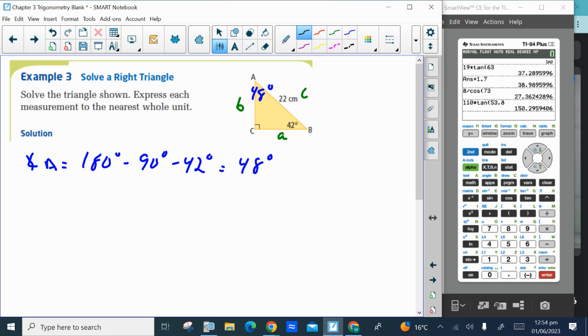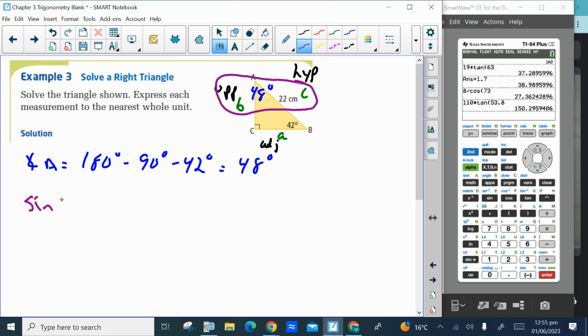So if I label the triangle, you already know the hypotenuse. The side across from angle 42 will be the opposite. That's what we want to find. The third side is the adjacent. I'm going to find little b first. I'm going to find the opposite. So I will use the hypotenuse because we're given that. And I want to find little b, the opposite. So I'm going to use the sine ratio.